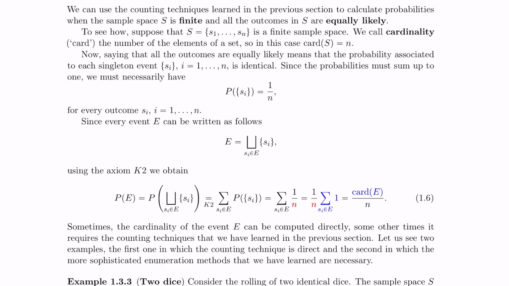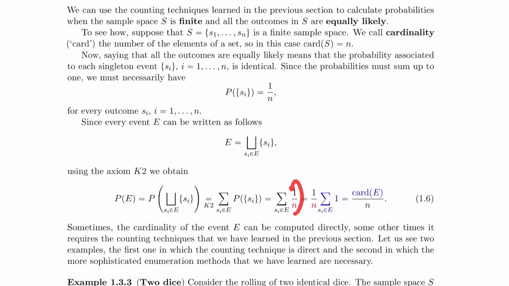Thus, using the second Kolmogorov axiom, we have that the probability of the event E is the probability of this disjoint union. The second Kolmogorov axiom says that we can transform this into the sum of the probability of each event, but since these probabilities are all equal to 1 over n, we can write this summation here.